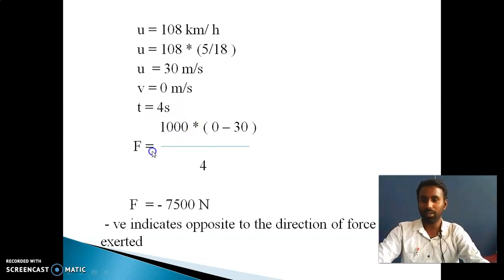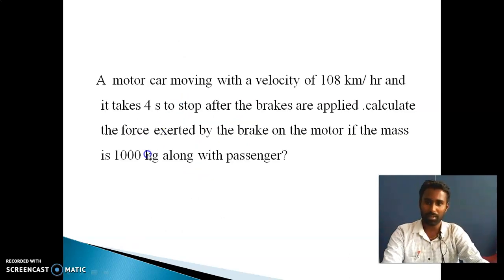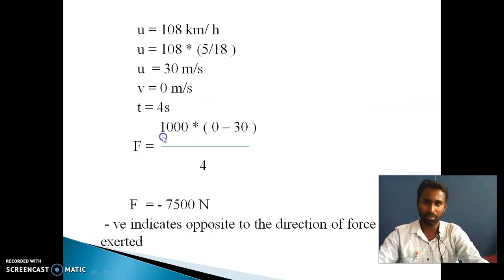So F equal to mass into change in velocity with respect to time. Mass, what they gave along with the passengers, 1000 kg. So we have to take 1000 kg here. So 1000 multiplied by what is your V? 0 meter per second. 0 minus, and what's your u? 30 meter per second, divided by 4, the time. Okay, so 0 minus 30 will come minus 30.